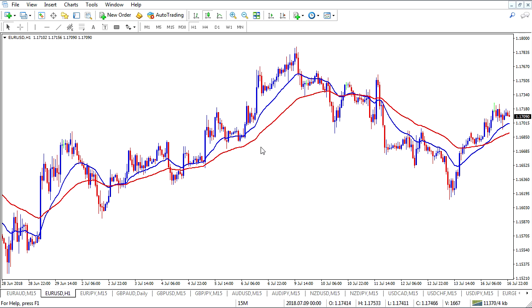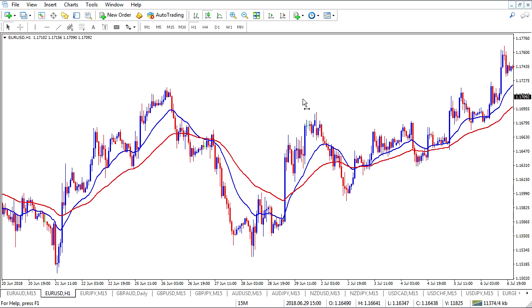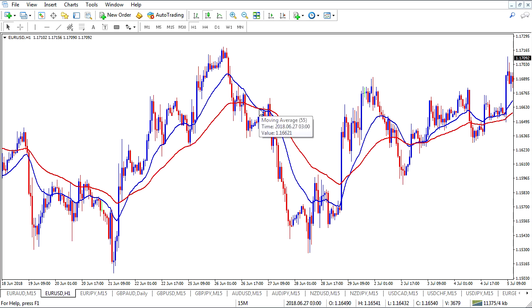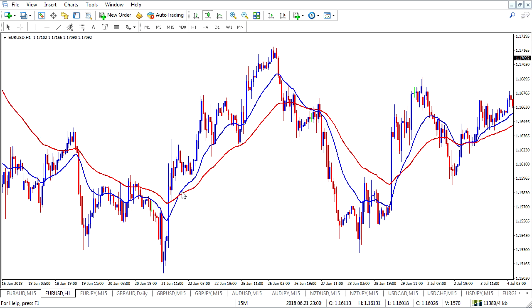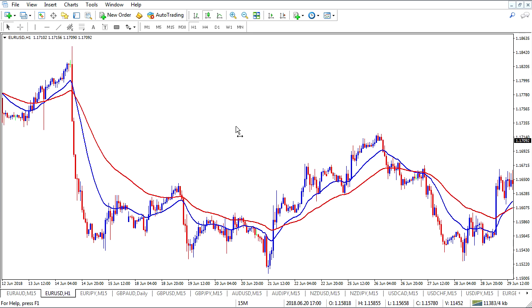And in doing so, the market is often quite overextended at the time of the crossover. So when that crossover occurs, the market is most likely going to start moving back towards the moving averages themselves. We're always going to have this little dip right after the crossover of long-term moving averages.